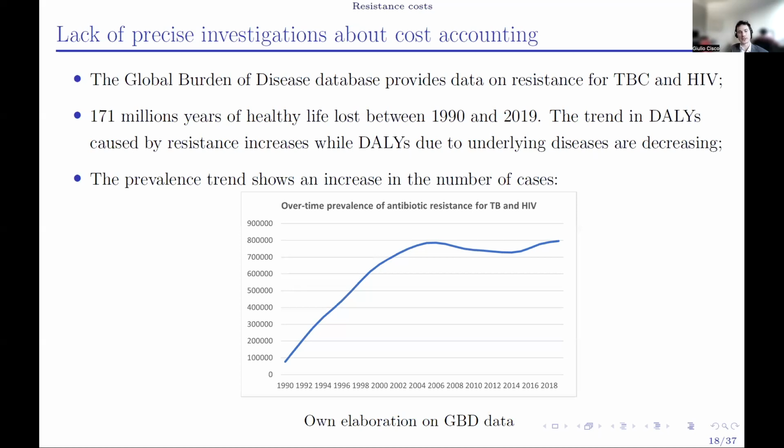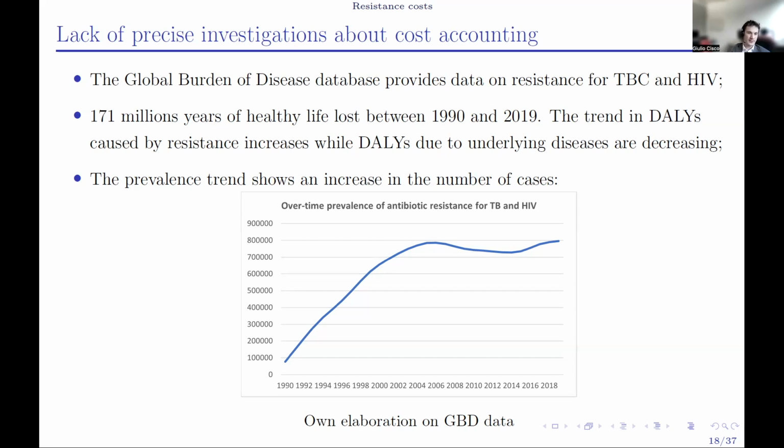It is interesting to see that it is increasing when we consider the resistance, even if the impact of the main disease is decreasing, because of course we have better treatments and more vaccination, for example. So the overall health impact of the disease is lowering, while the negative impact of resistance is increasing.